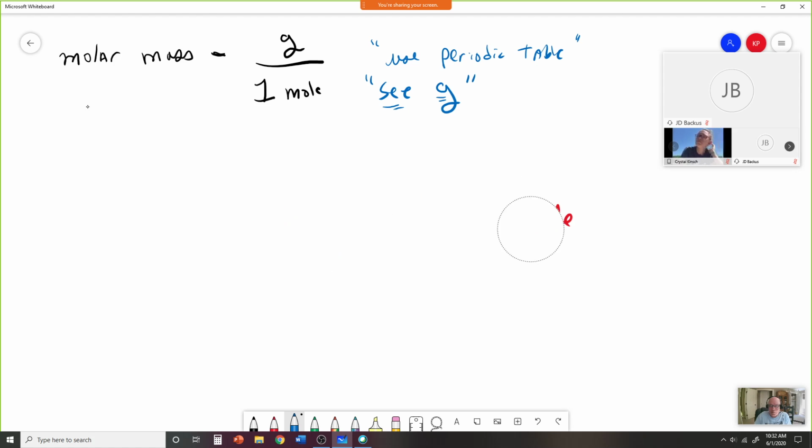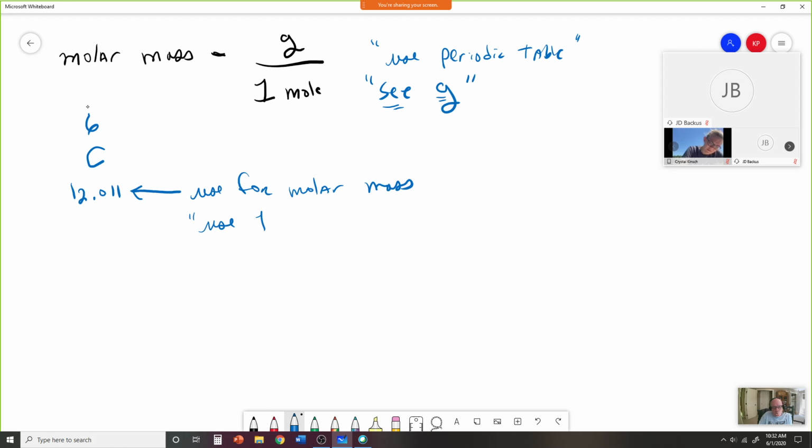All right, so molar mass, how do we calculate it? Let's start with carbon. Underneath carbon you will see 12.011, and you will also see a 6 above it. This number right here is what we're going to use for our molar mass. Generally you want to use 1 or 2 decimals.